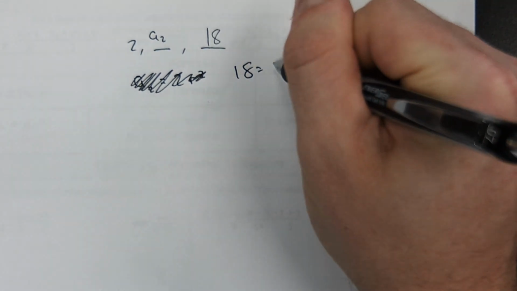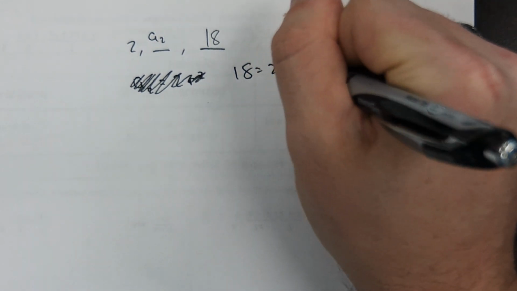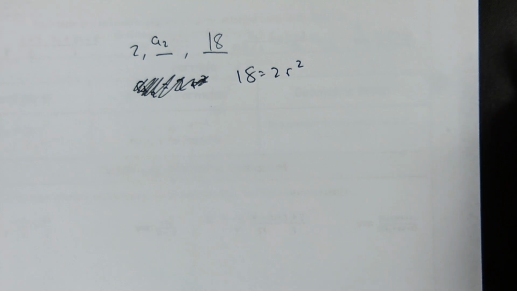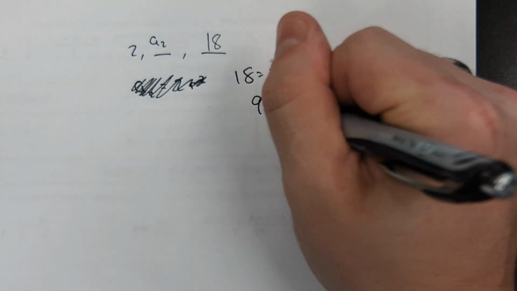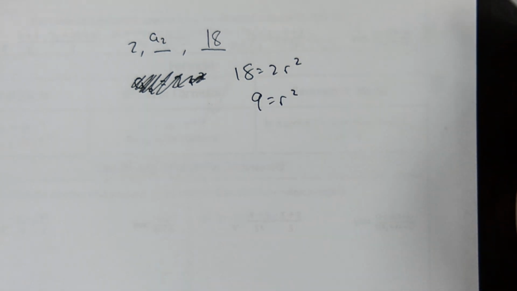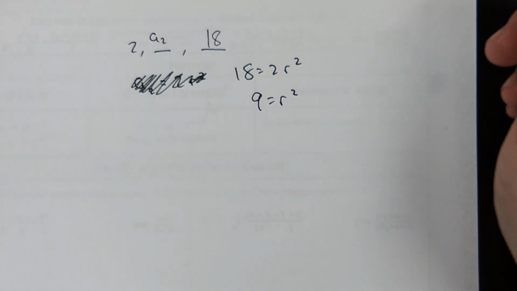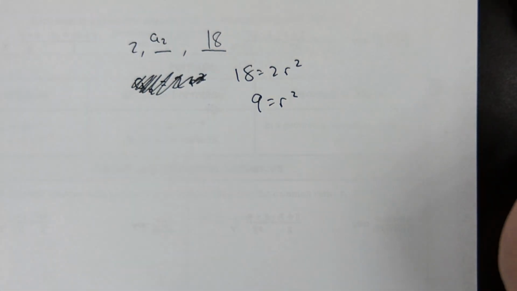To go from 2 to 18, I had to multiply by r twice. Right? You divide both sides by 2. And now you can tell me that r is positive or negative 3, right? So this number must be 6.